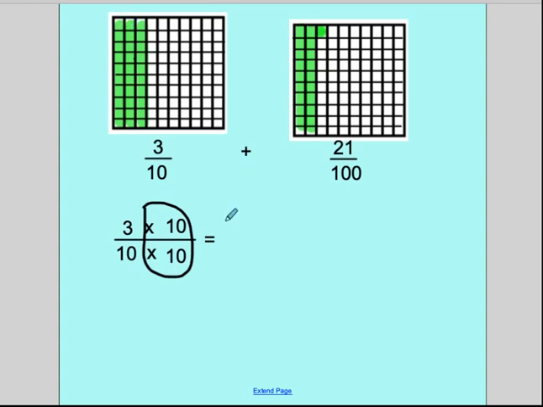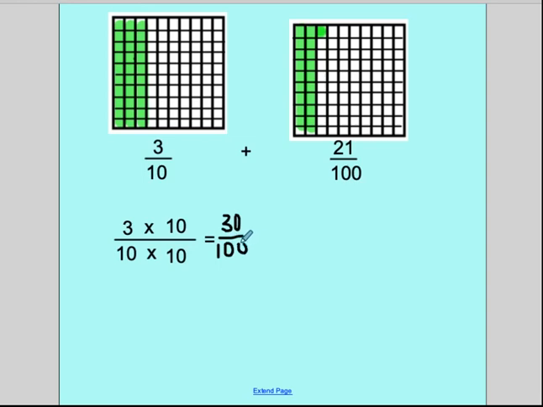Okay, so now we have 10, 20, 30 hundredths. So 3 times 10 is 30. Each piece became 10 times smaller. And now instead of having 10 pieces, we did 10 times 10, a 10 by 10 grid, and we got 100 pieces.